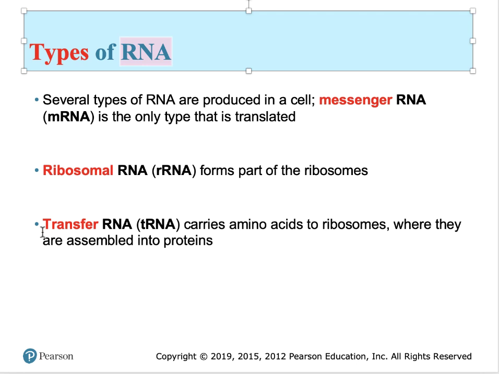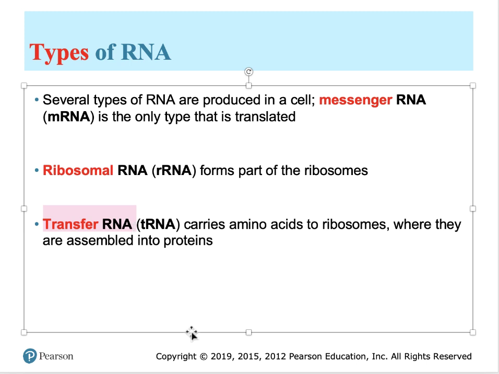At the same time, other types of RNA do other jobs inside cells. In this case, transfer RNA is used as a transport vehicle for bringing in the amino acids to the ribosomes. Again, we're going to learn all this in very fine detail in subsequent chapters.